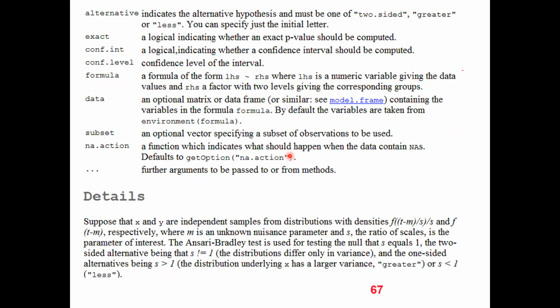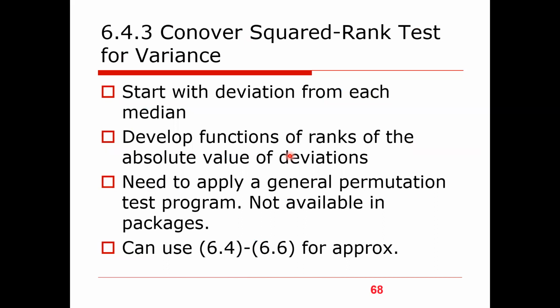And for Conover squared rank test, even if we don't know the features of our data, we don't know which method is the most appropriate one, we can perform multiple tests and get different results and conclusions.